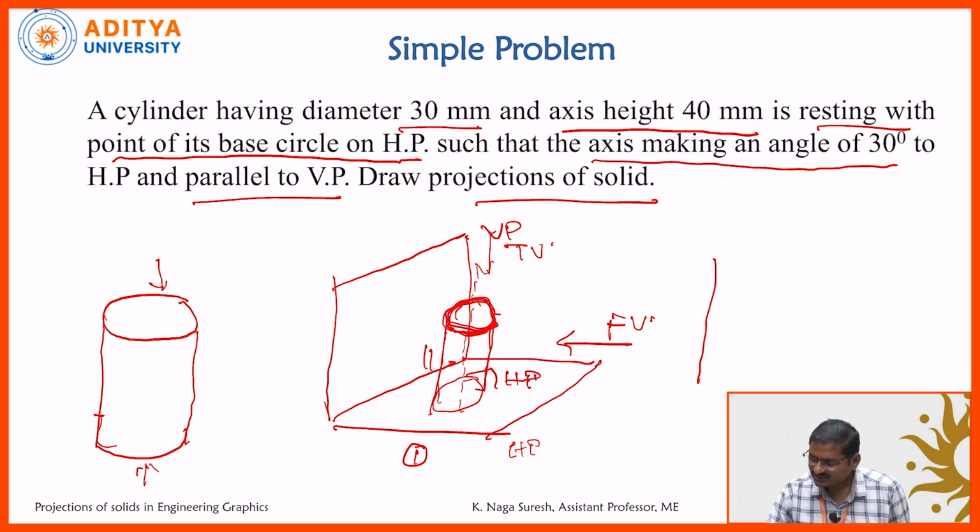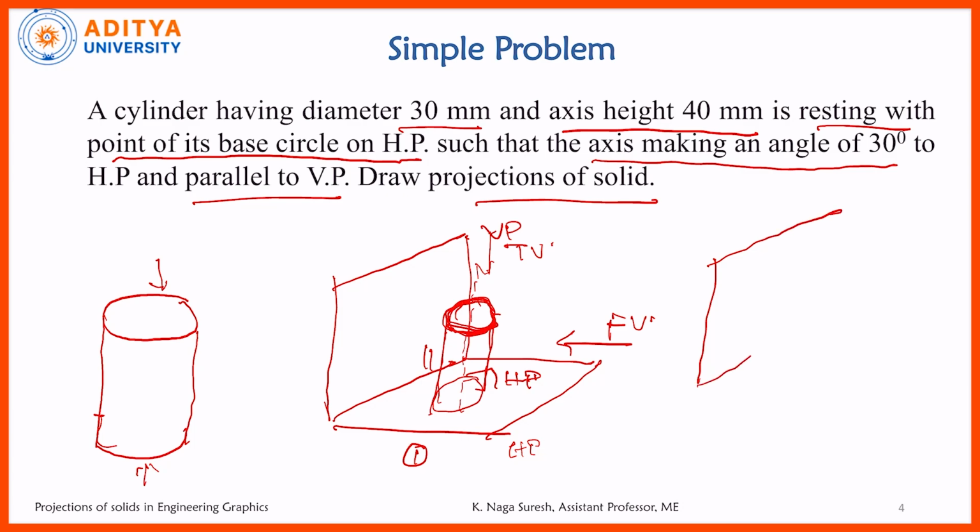In the second stage, the axis of the cylinder is given an inclination of 30 degrees. That means the cylinder will be inclined like this.